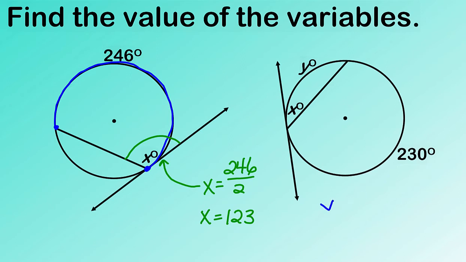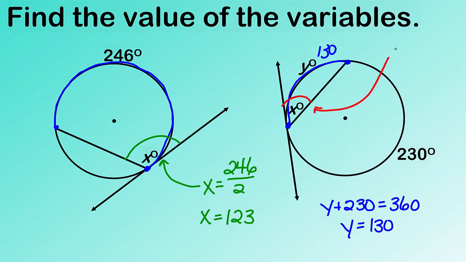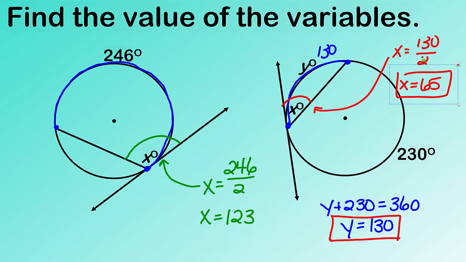So I know that y plus 230 is equal to 360. That makes y equal to 130. This arc is 130. This inscribed angle would be half of that value, which is 65. So x is equal to 65, and y is equal to 130.